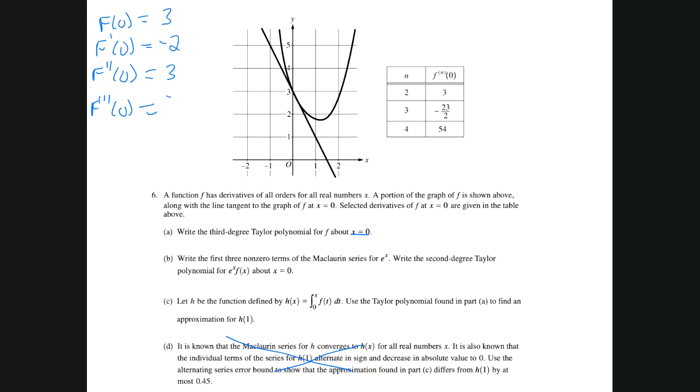So now if I want to write a Taylor series polynomial, pretty easy. My first term, 3, plus negative 2 times x to the first, plus 3 x to the second over 2 factorial. Well, 2 factorial is just 2, plus negative 23 over 2 x to the third over 3 factorial.